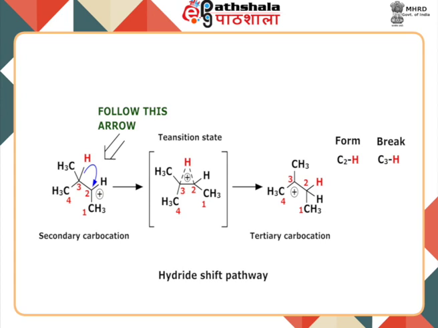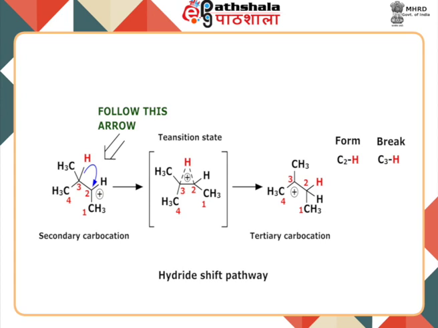That is how these shifts happen, because they are making the carbocation move from less stable to a more stable carbocation, and in this case you can see the secondary carbocation is getting rearranged into a tertiary carbocation which is more stable.